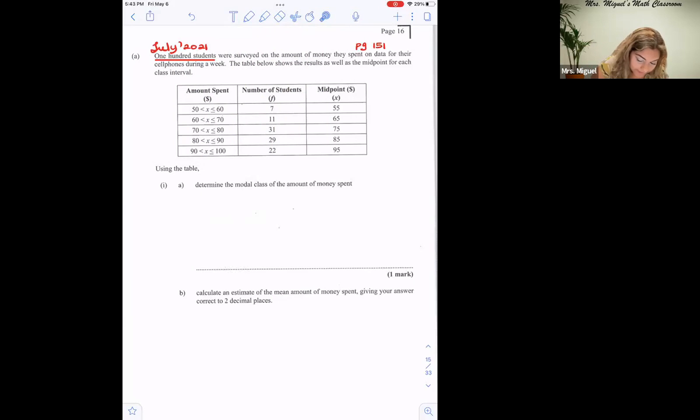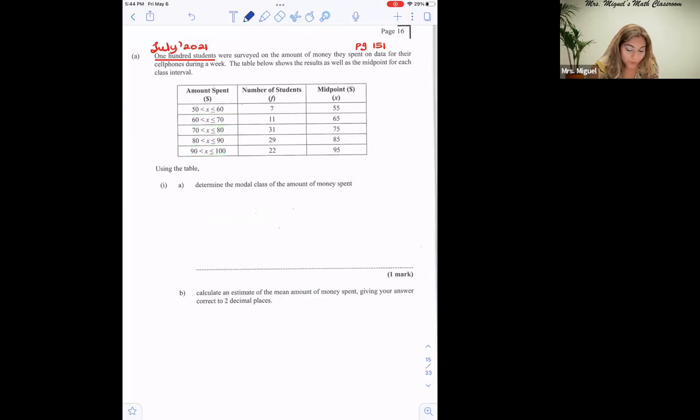Is it this class, this one, this, or this one? Let's say 70 to 80. So you are writing it exactly how they gave it to you: 70 less than x less than or equal to 80. And for doing just that, nothing else, you will get 1 mark.